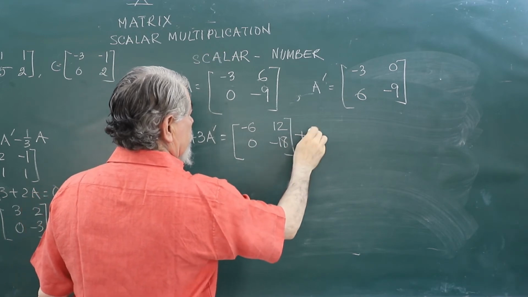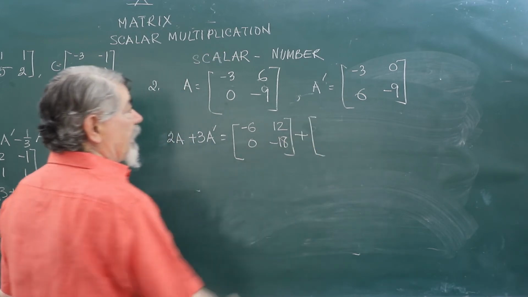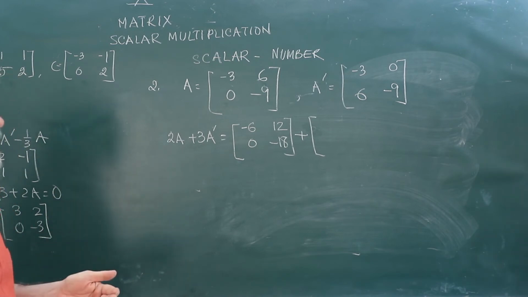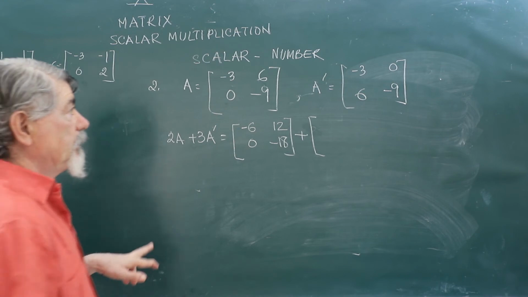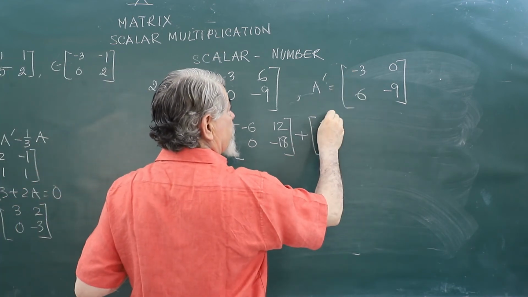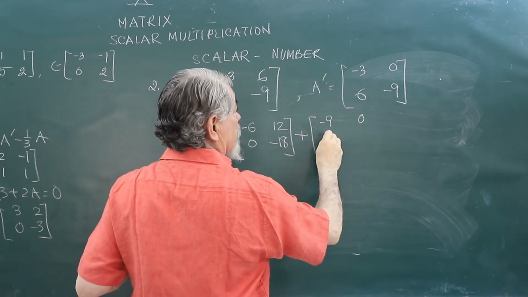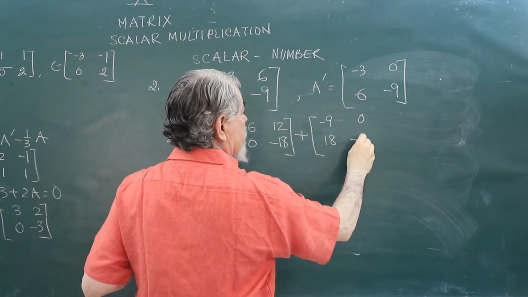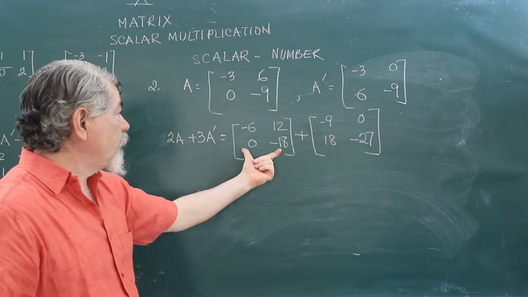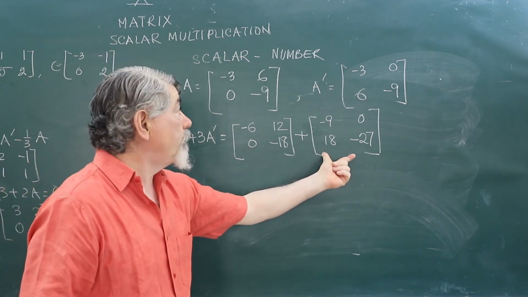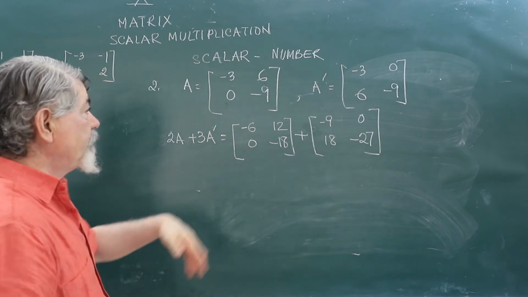Plus 3 into A dash. You multiply each element of the matrix A dash by 3. 3 into minus 3 is minus 9, 0. 3 6s are 18, 3 9s are 27. So this is the value of 2A, this is the value of 3A dash, and we have to add them.